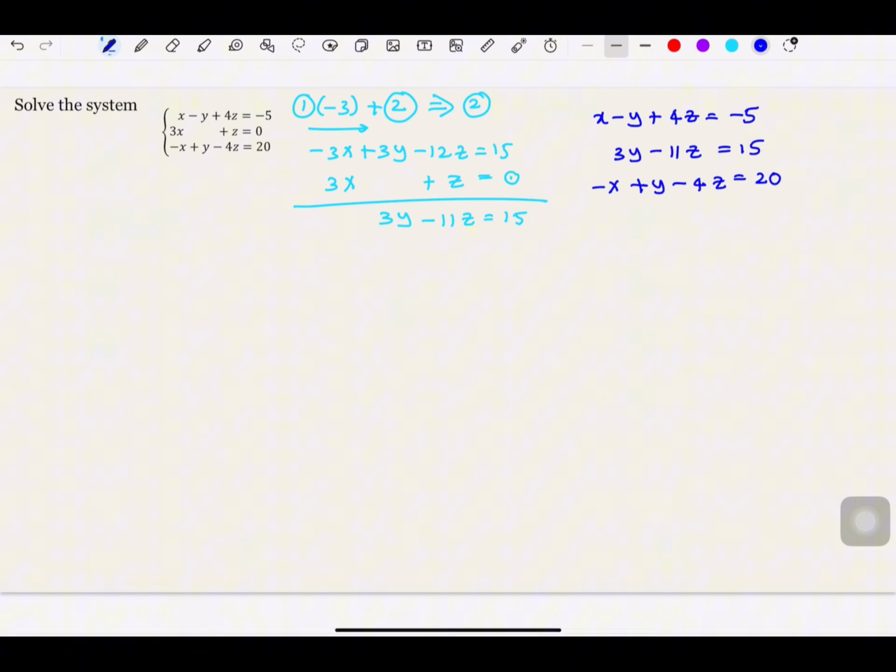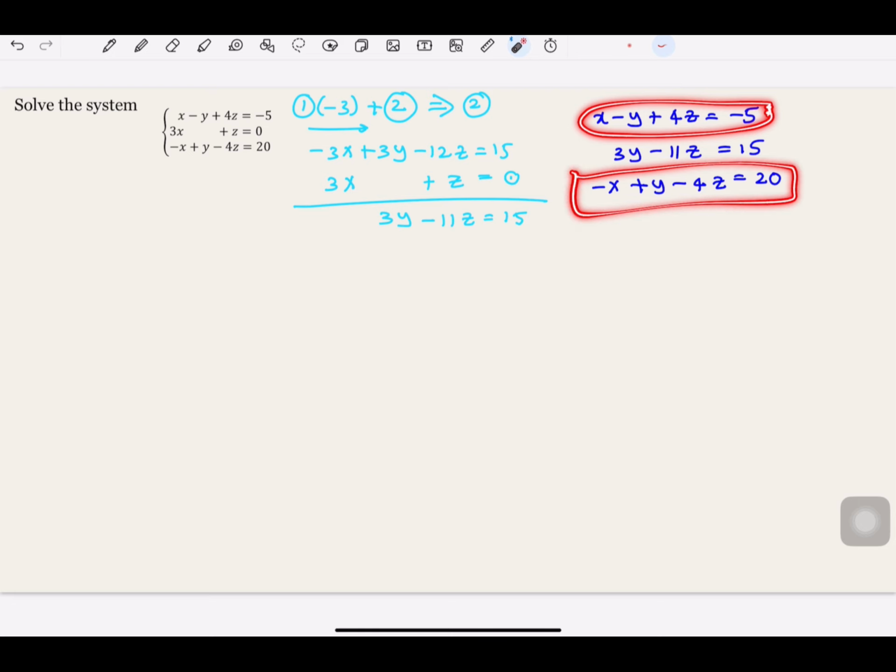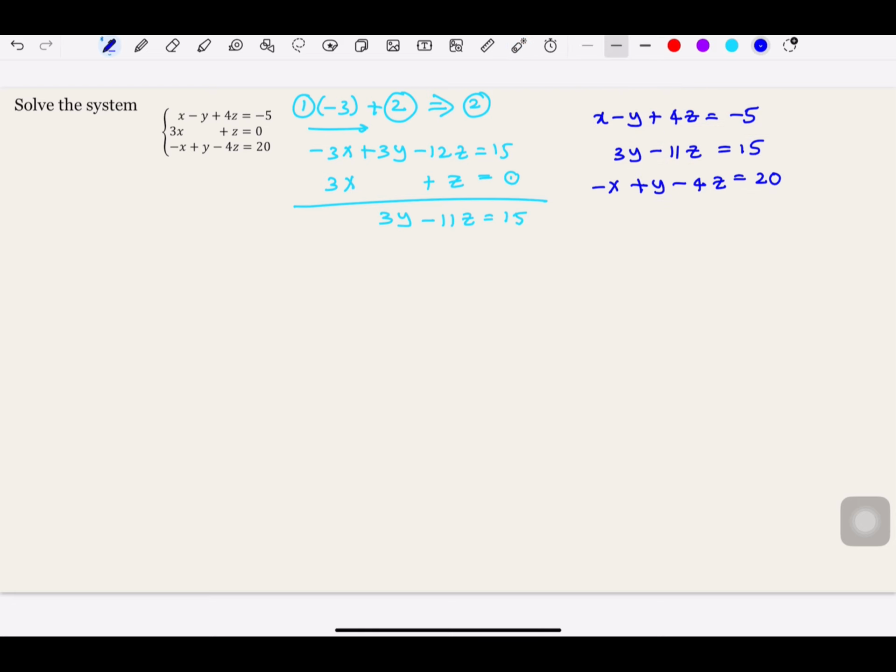Okay, so now let's move ahead and remove this x from the third equation. To do that, you're going to take your first equation, multiply it by -1, add it to the third, and replace the third equation.